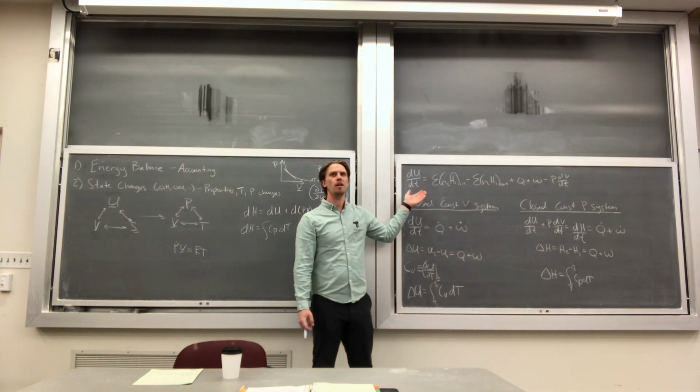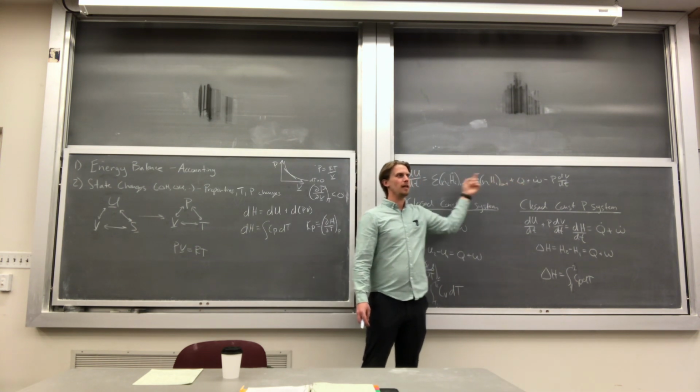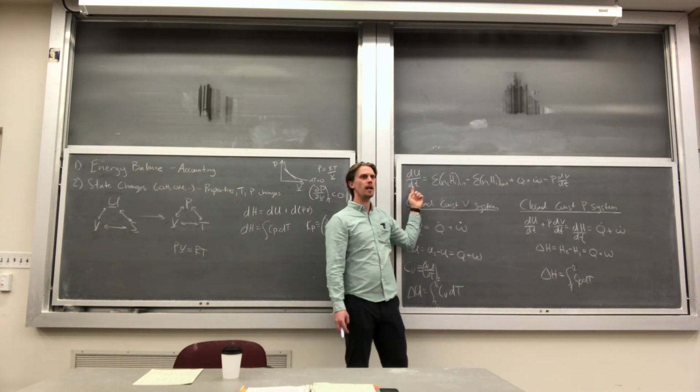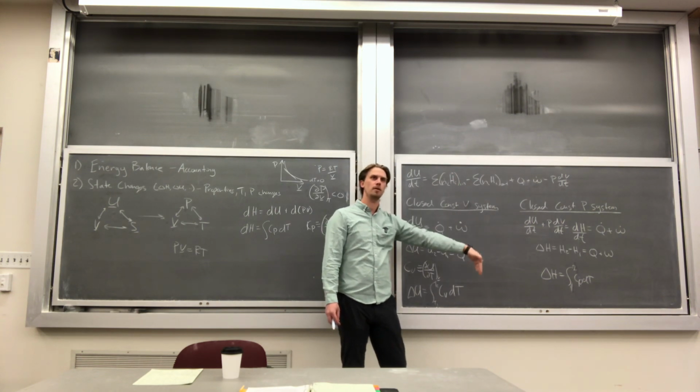Does my bank account increase and have a positive slope, or does it decrease and have a negative slope? Increases because I'm adding it. It's as simple as that. On this equation, all I'm doing is saying, how much money do I have in my bank? How is the money in my bank account changing as a function of time? If it has a positive slope, it's going up. If it has a negative slope, it's going down.